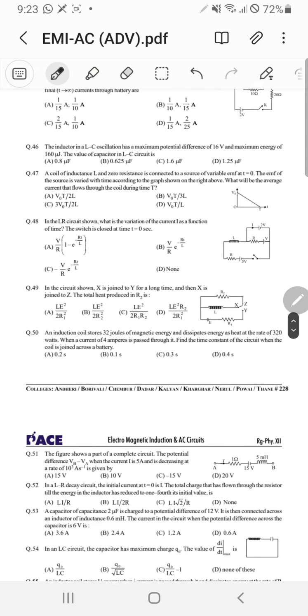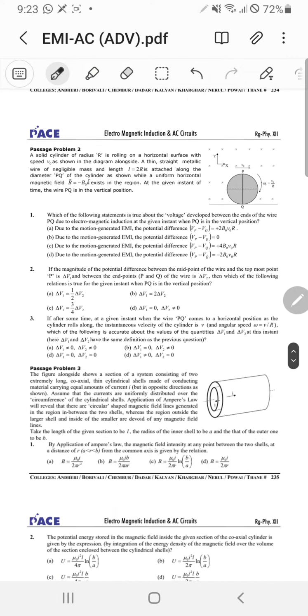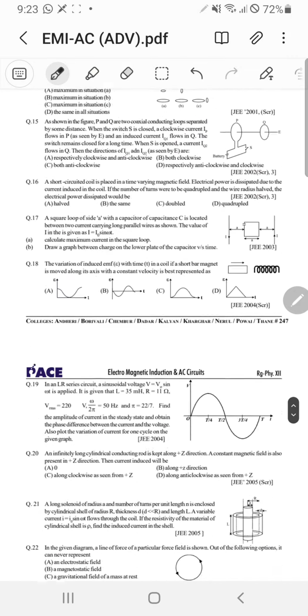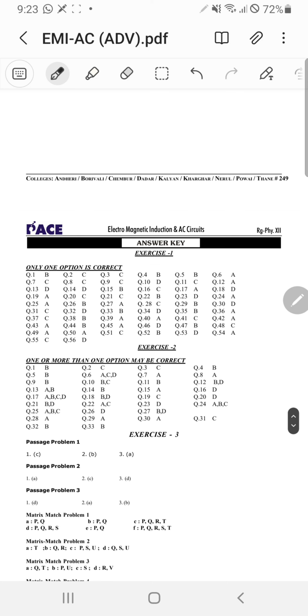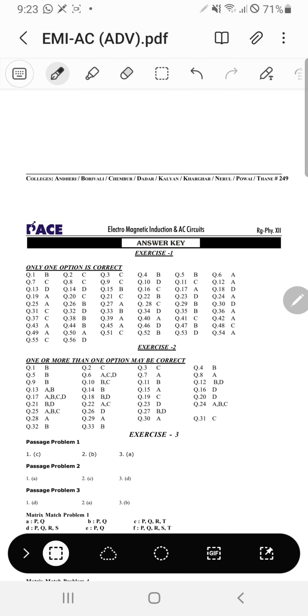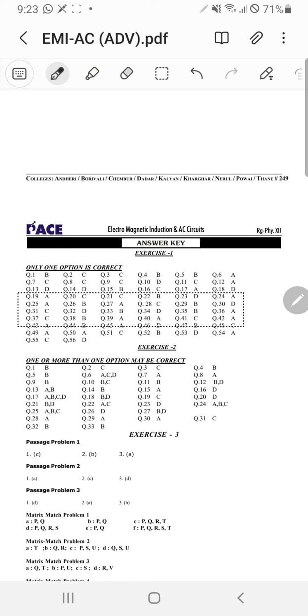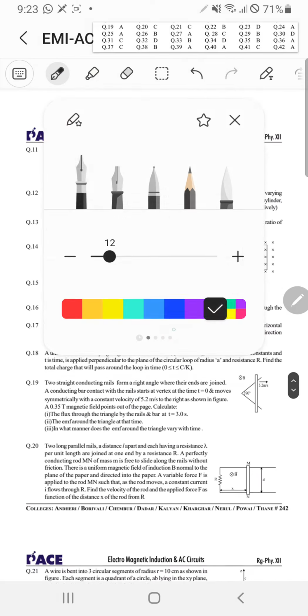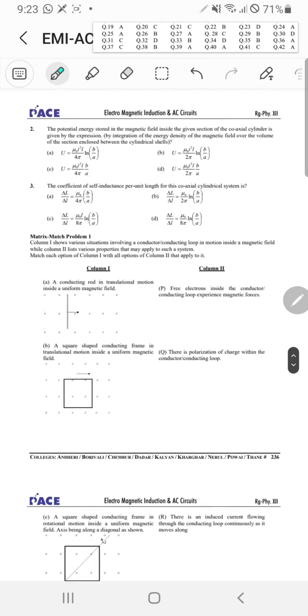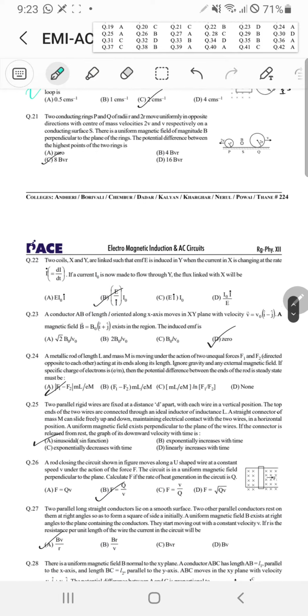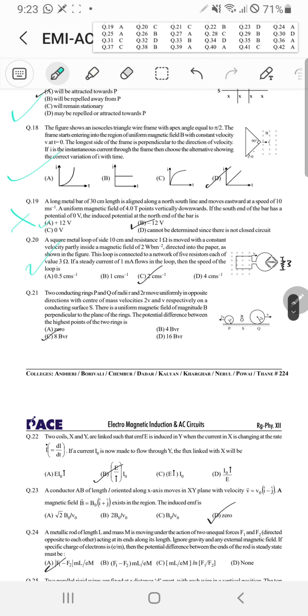Let's check this. Last time we left at 20, I think. 21.